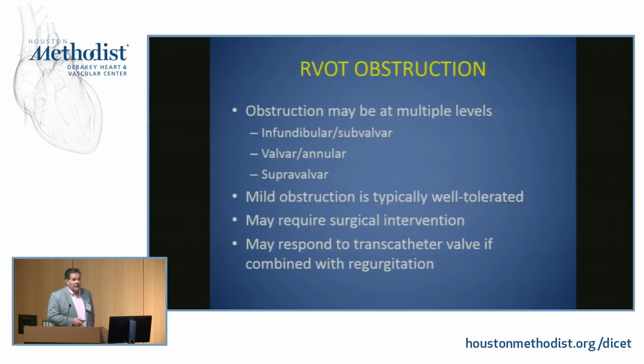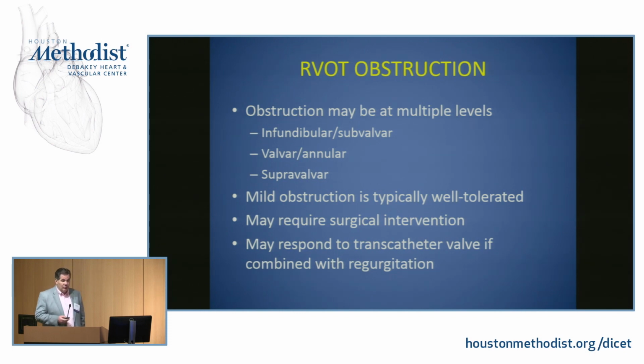Right ventricular outflow tract obstruction needs to be considered for these patients. There can be obstruction at multiple levels. It can be infundibular, at the valve or valve annulus, or supravalvular. Mild obstruction is typically well tolerated. In fact, a lot of the children now who get valve-sparing repairs may have a mild degree of obstruction, and we think that's a good trade-off to have mild obstruction with the benefit of avoiding PI.